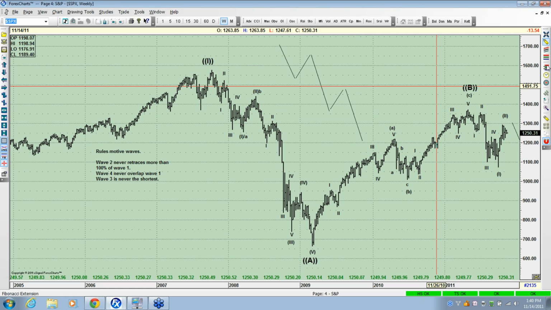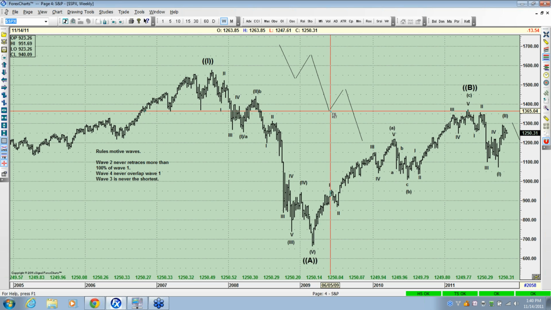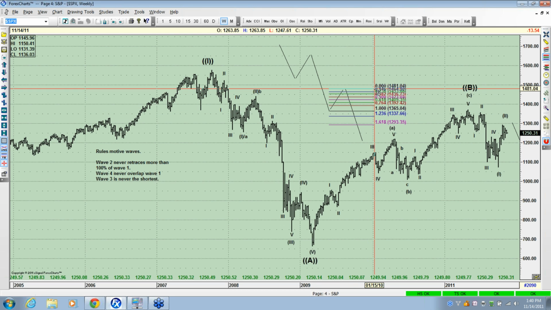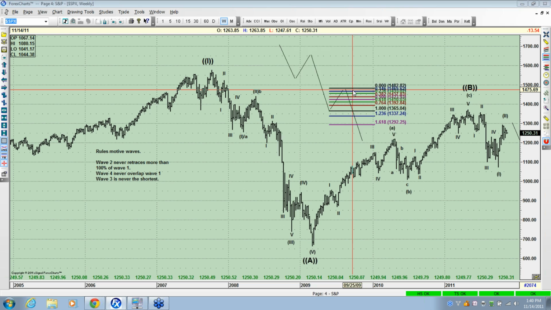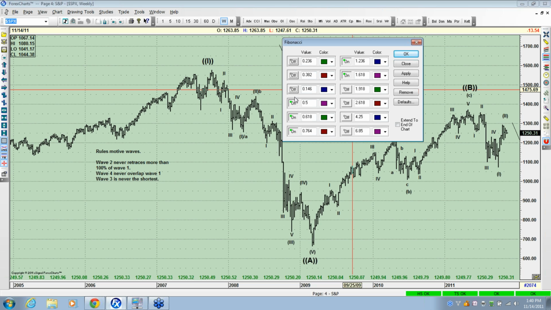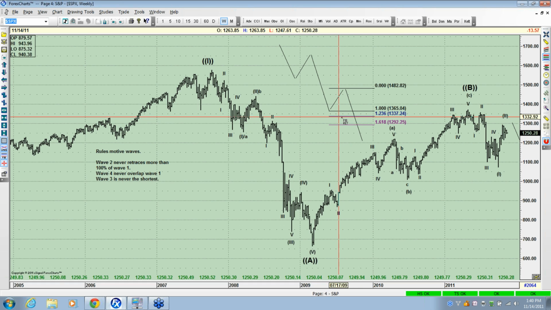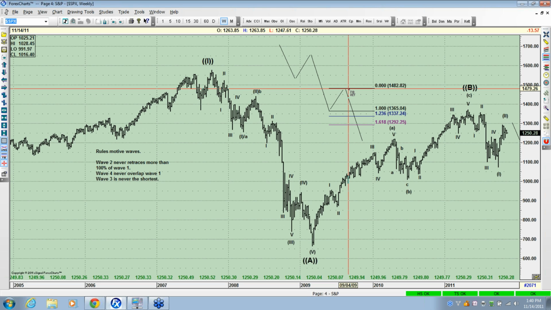First, you're going to do what we call an inverse FIBO of the distance of wave 4. That being the case, wave 5 is going to end at either 1.236 of the distance traveled by wave 4, or 1.618 of the distance traveled by wave 4.